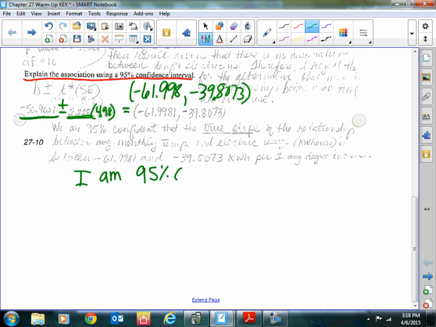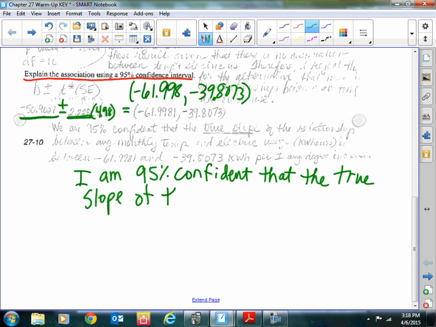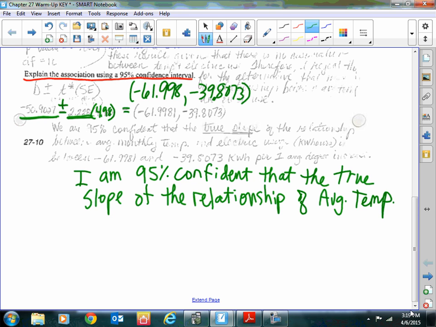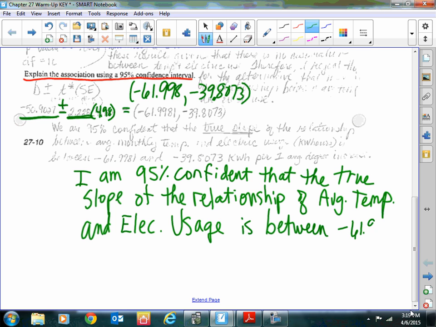So I am 95% confident that the true slope of the relationship of average temperature and electricity usage is between negative 61.998 and negative 39.807.